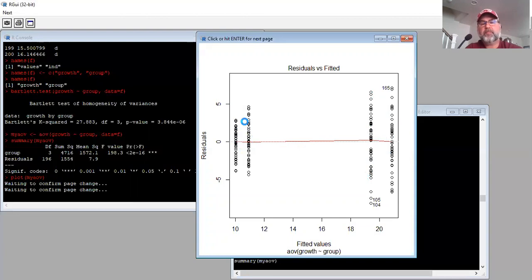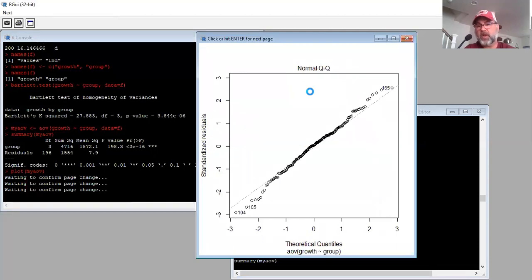So A and B are not as variable as C and D, but what you're looking for is more or less to eyeball that the number of residuals above and below are about the same, and this red line going across is straight.